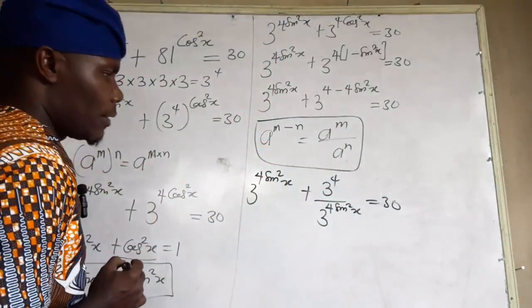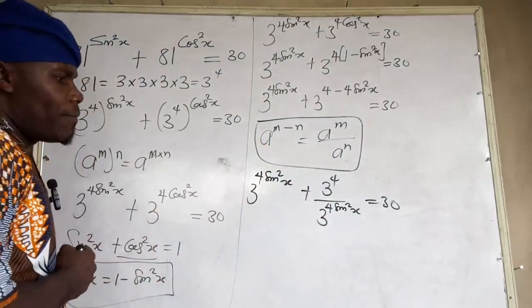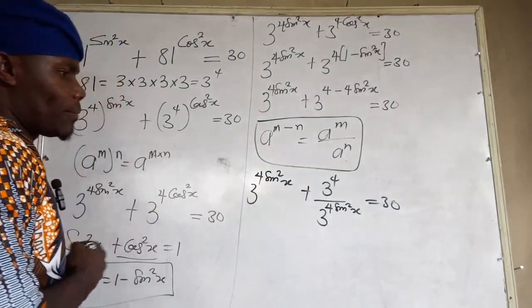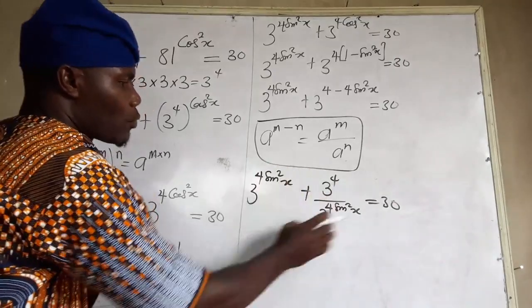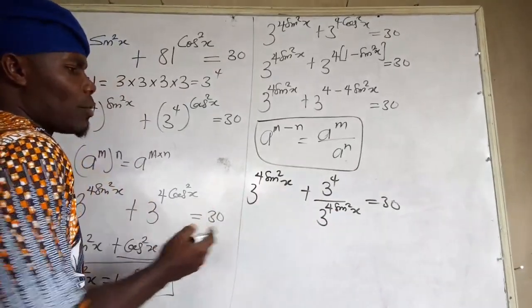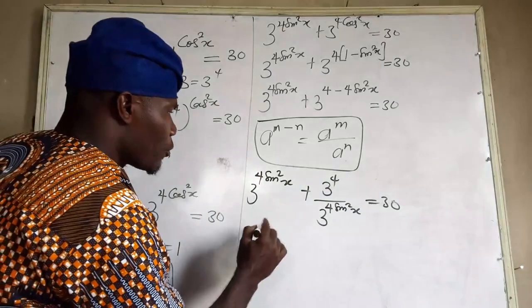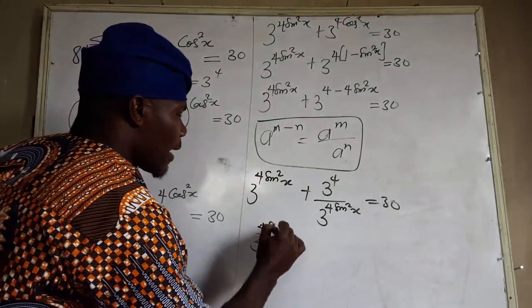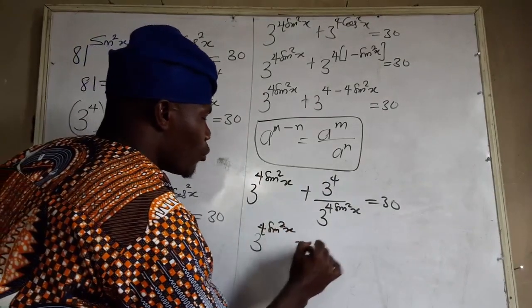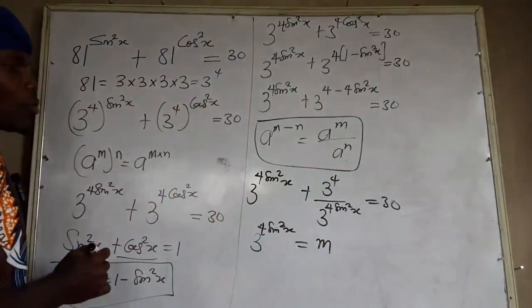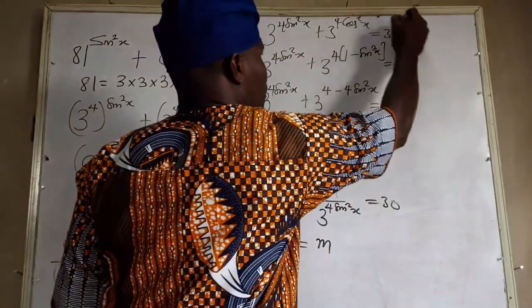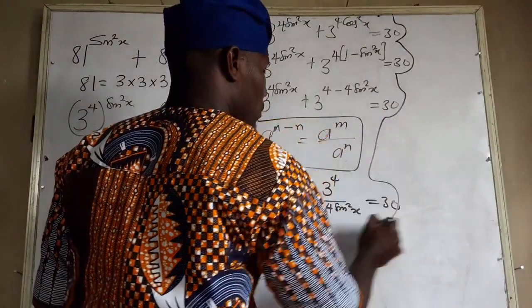Now, let's try to do something: let's turn 3 raised to power 4 sine square x into m.